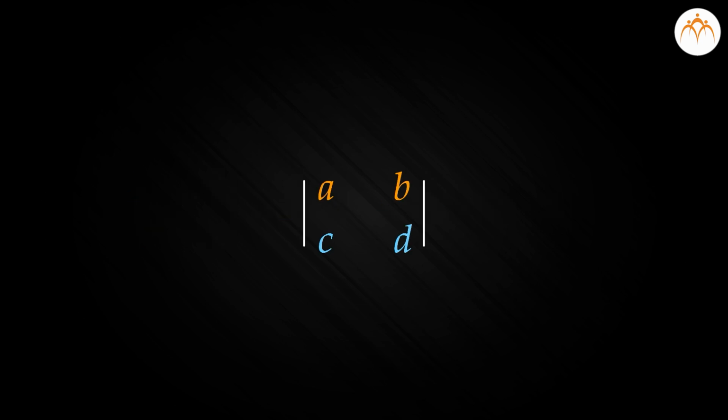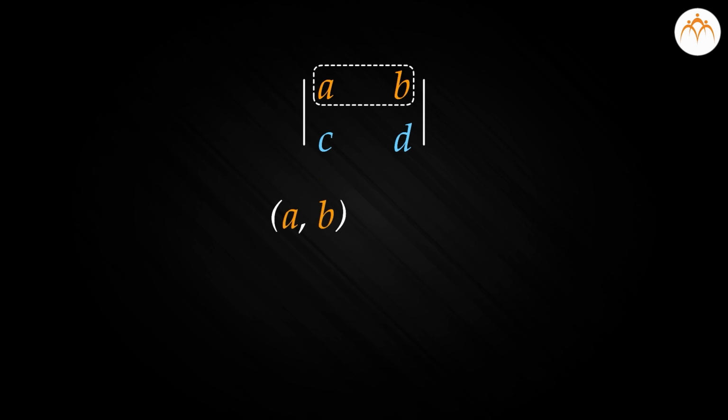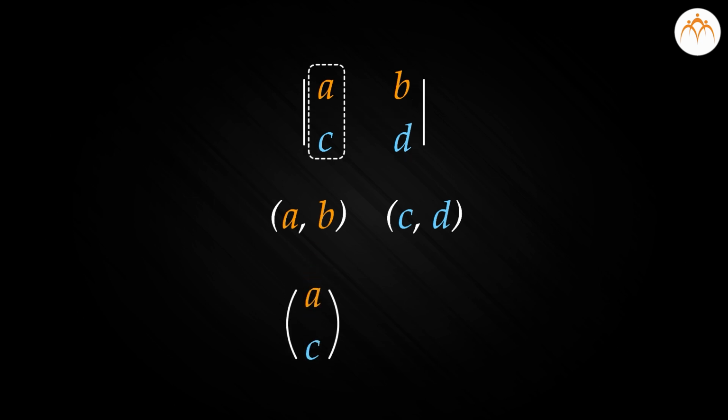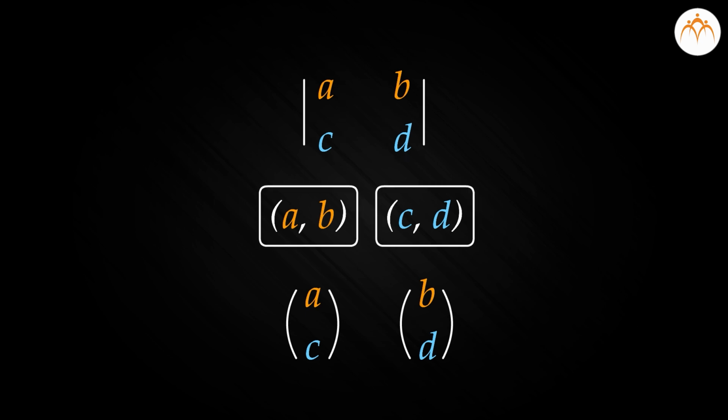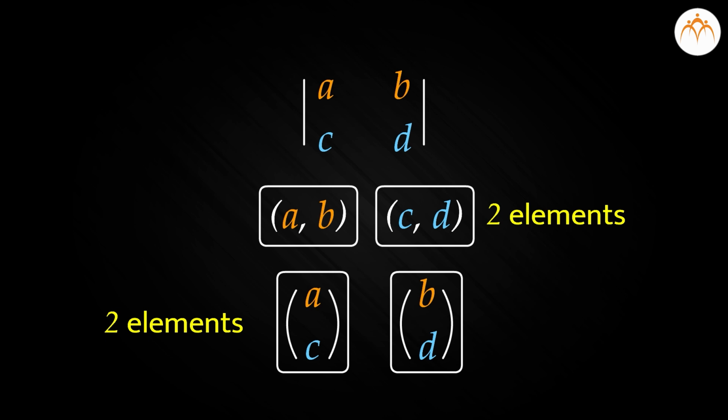In the general form, a determinant can be written as follows. Now in this determinant, the elements a and b and c and d are written in horizontal rows, while a and c and b and d are written in the two vertical columns. This determinant has two elements in each row and two elements in each column.